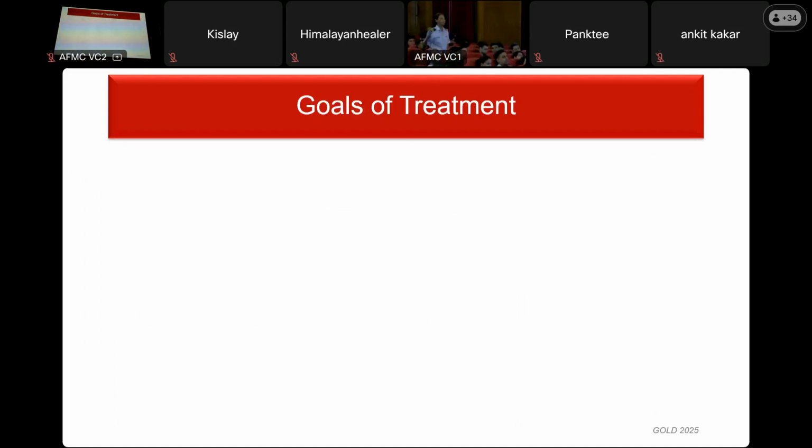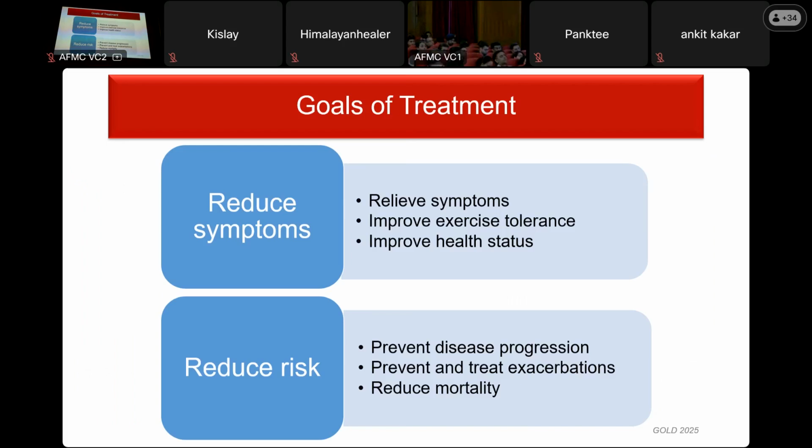Okay. We are basically looking at two things: whether the patient has a high symptom burden or whether the patient has a high exacerbation burden. So the patient will either fit into one of these two tracks, or the patient may have both high exacerbations as well as a high burden of symptoms.